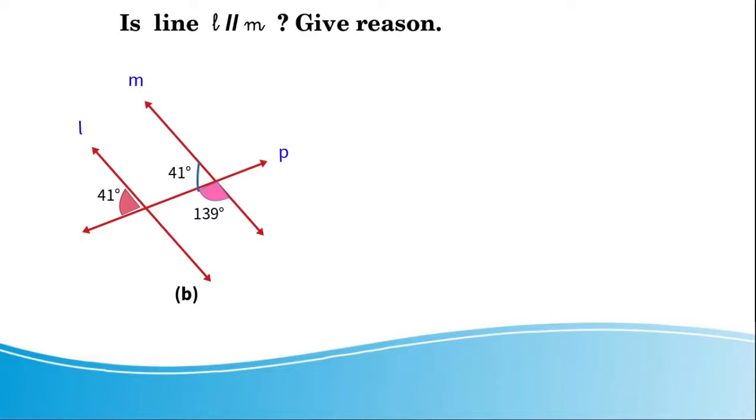Now can you say the reason? Is L parallel to M? Why? Yes, L is parallel to M because corresponding angles are equal. You can observe the corresponding angles. Both the corresponding angles have the same measurement, that is 41 degrees. So the corresponding angles are equal. Therefore, line L is parallel to line M.